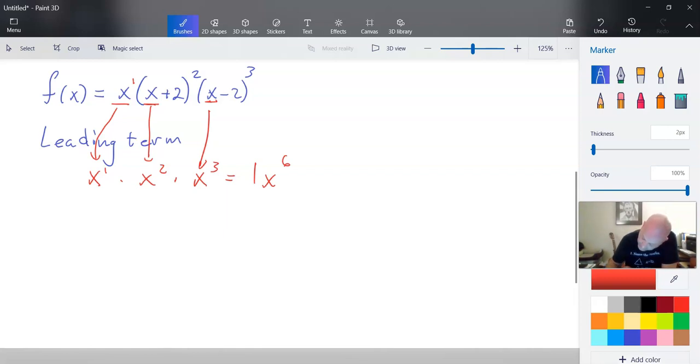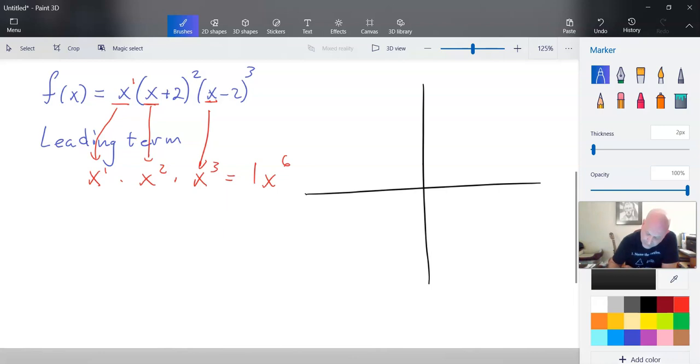So let's see here. Okay, so I know a few things. I can look at these three factors here, here, and here, and I can figure out what the x-intercepts are, what the roots are, by setting each one of them separately equal to 0. Now, you're going to be able to do this in your head most of the time. But if you really have to, it would look like this. x equals 0, x plus 2 equals 0, and x minus 2 equals 0.